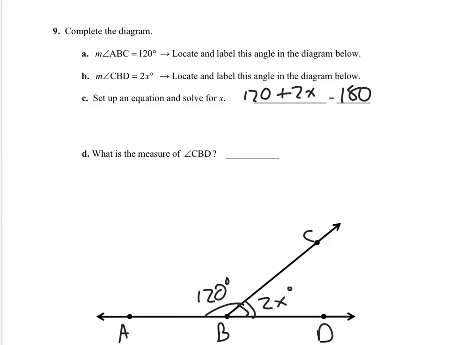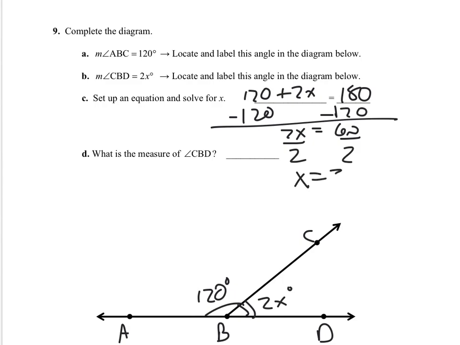So to solve for the value of x, we're going to subtract 120 from both sides. So we get 2x equals, what's 180 minus 120? 180 minus 120 is 60. I'm going to divide both sides by 2. And I get x equals 30.